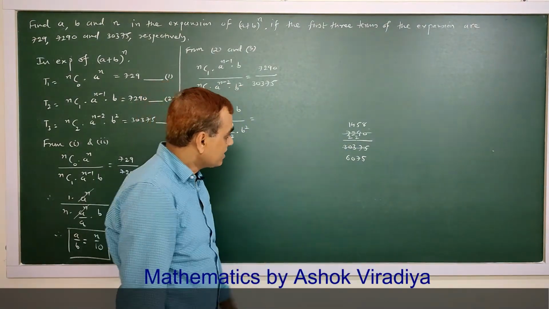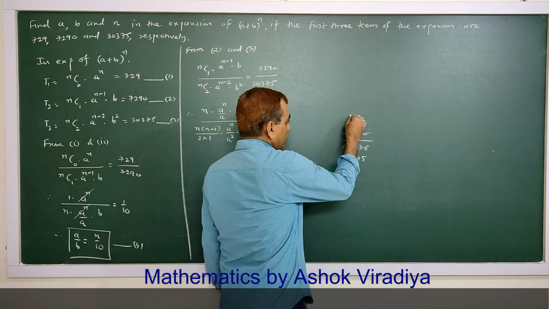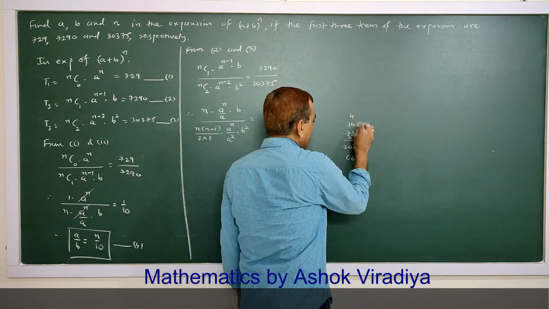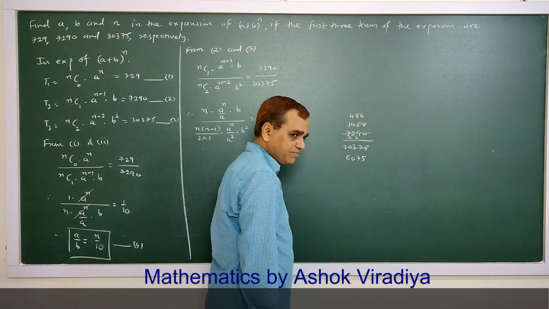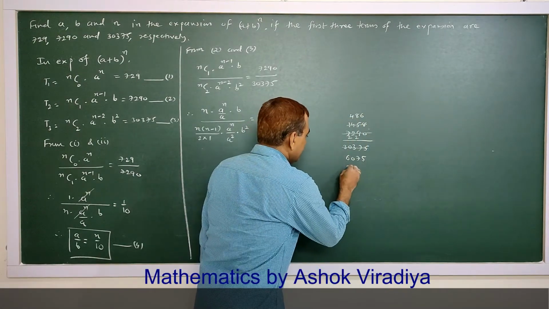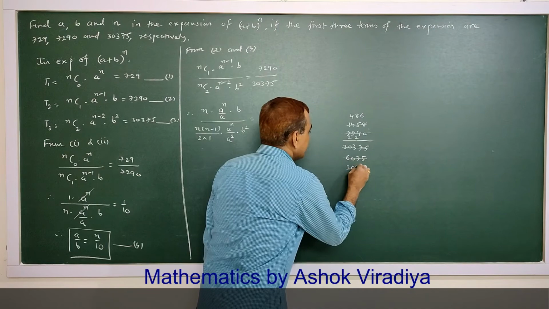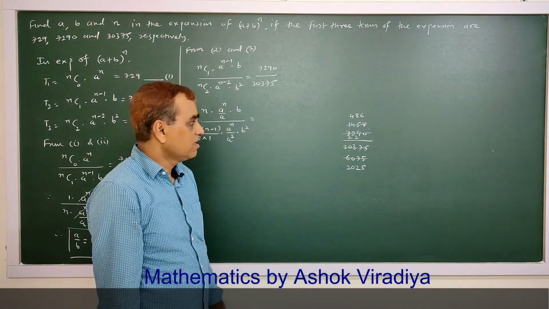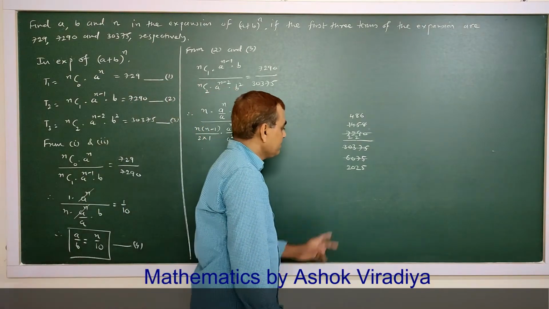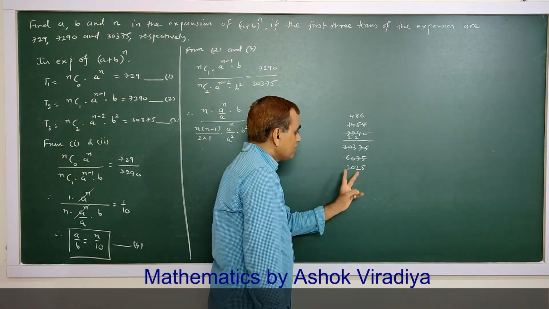Now divisible by 3. So 4 into 3 is 12, 8 into 3 is 24, 6 into 3 is 18. Here 2 into 3 is 6, 2 into 3 is 6, 5 into 3 is 15. Again divisible by 3.